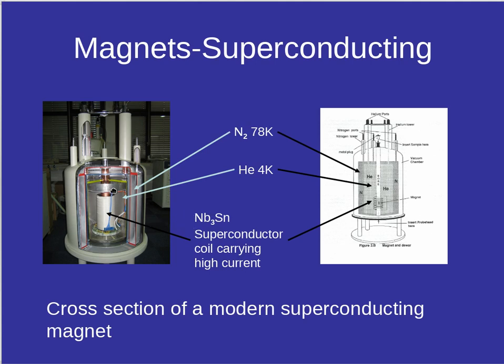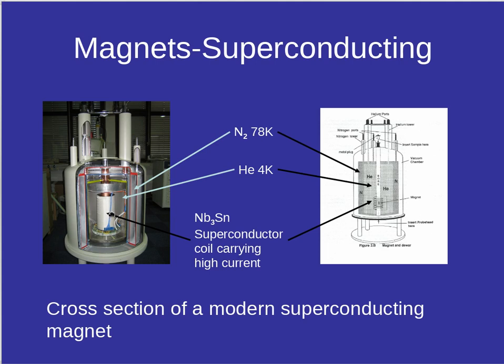So you have these 2 containers with liquid nitrogen and liquid helium, and the liquid helium helps the superconductor to properly superconduct. This means that you can build up very high magnetic fields. The current here can be hundreds of amps, and so your field can be very strong.